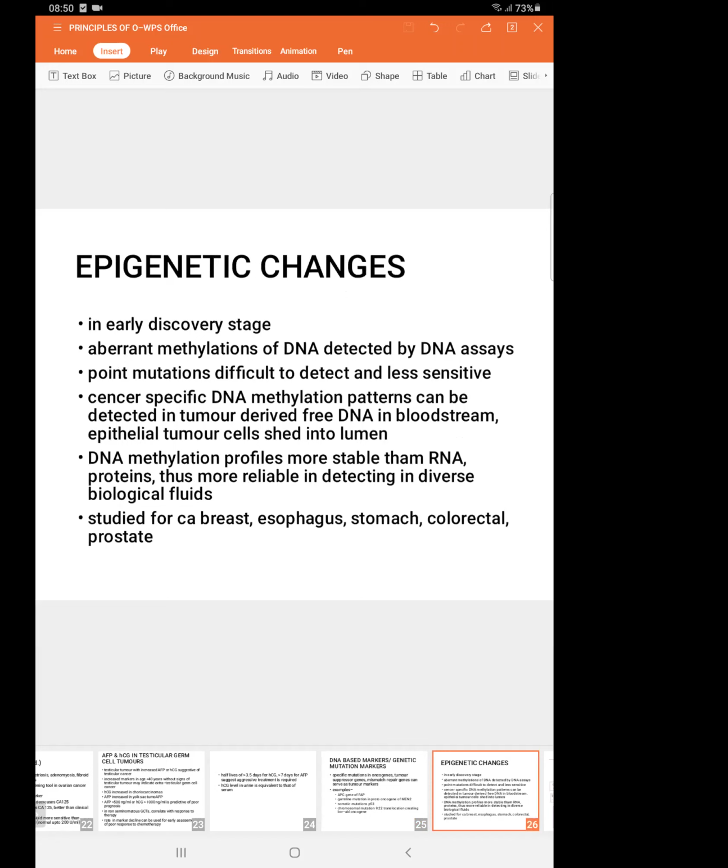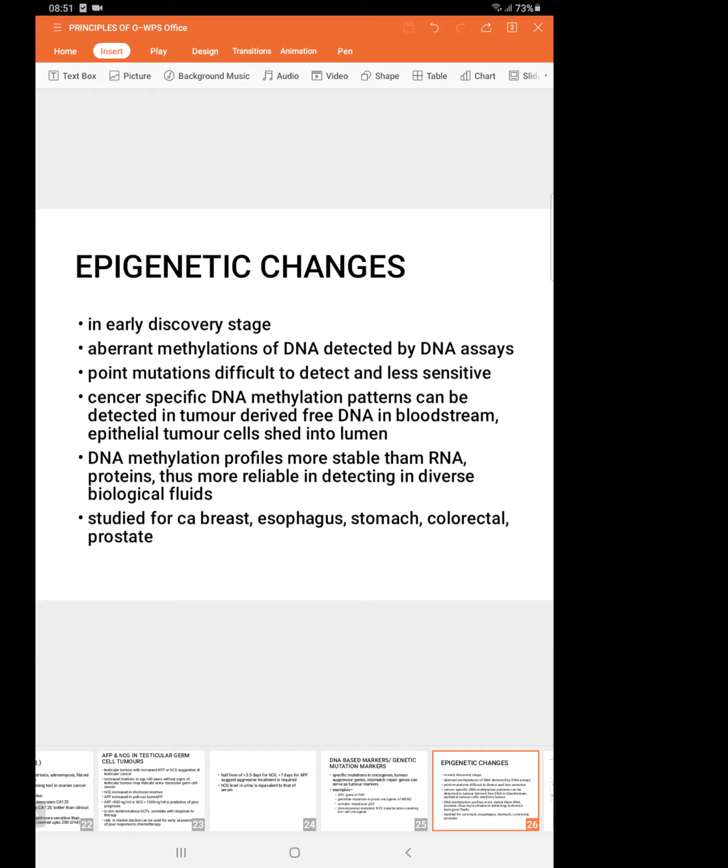Epigenetic changes are a novel type of tumor markers which are still in the process of study. They detect aberrations of DNA methylation, and those are detected by DNA assays. DNA methylations are easier to detect than point mutations, and they are more sensitive.